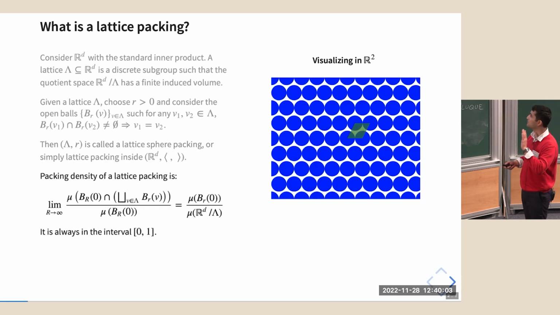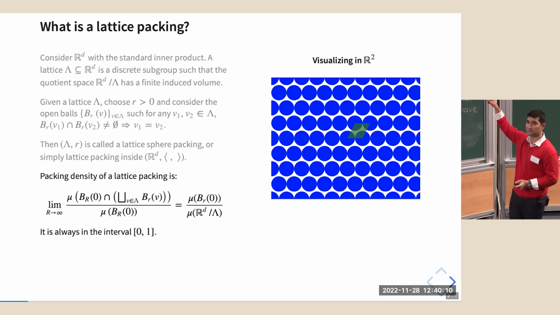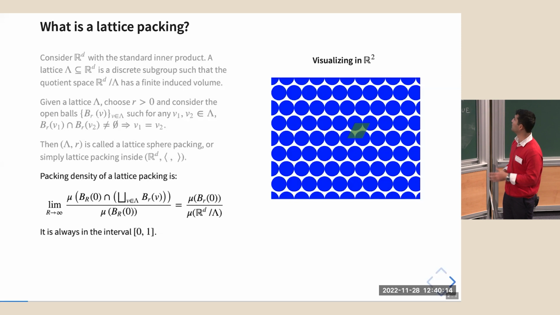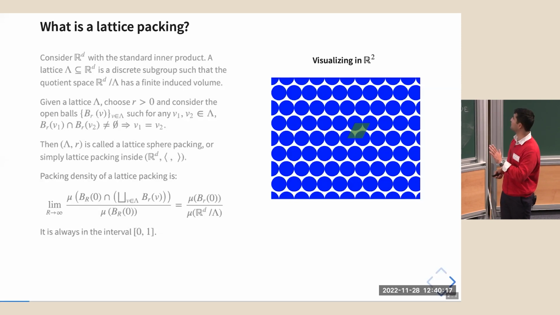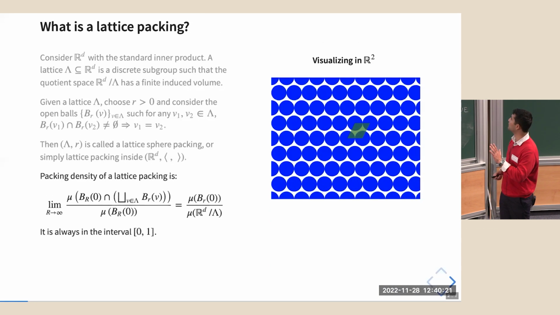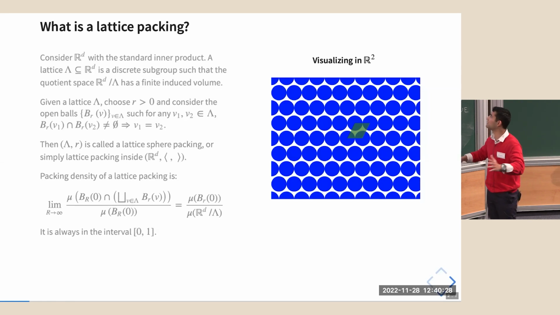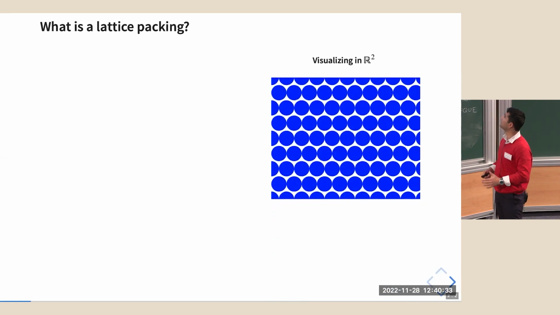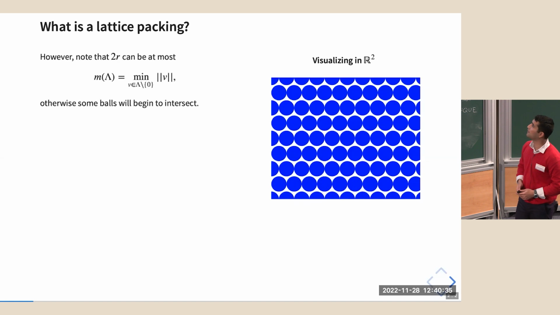And you want to talk about the packing density of such an arrangement, which is you take the fraction of the space occupied by the blue part inside the green part, which is also equal to, you take a very large ball and look at the space occupied by the balls inside the very large ball, okay?